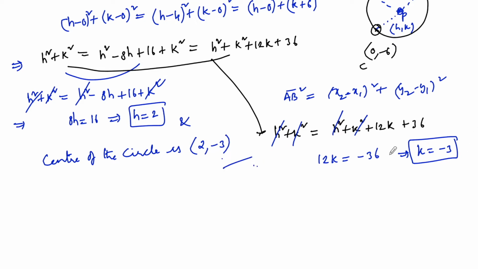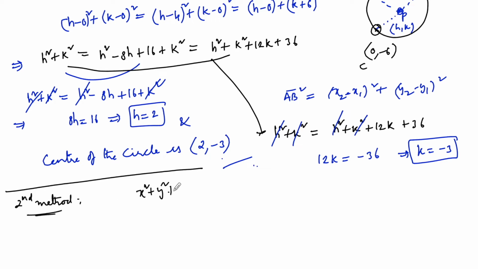Or we can also use another method, by using the general equation of a circle, x square plus y square plus 2gx plus 2fy plus c equals to 0 be the circle.